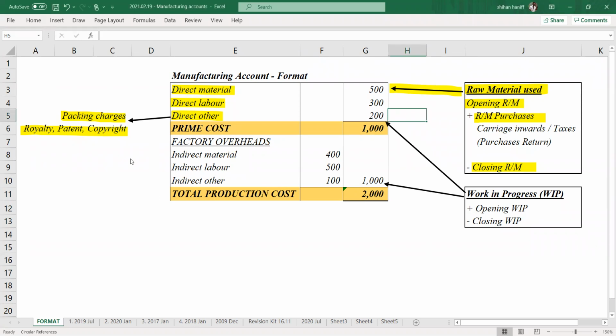But if we are using someone else's property, we have to pay a royalty for them. Patent is also if we are using someone else's license, we have to pay a patent.